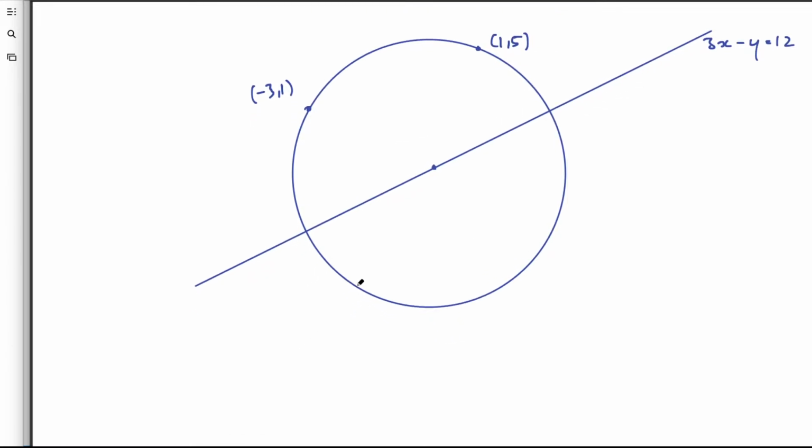Okay. Easy one. I don't even know how to figure this one out at this point.